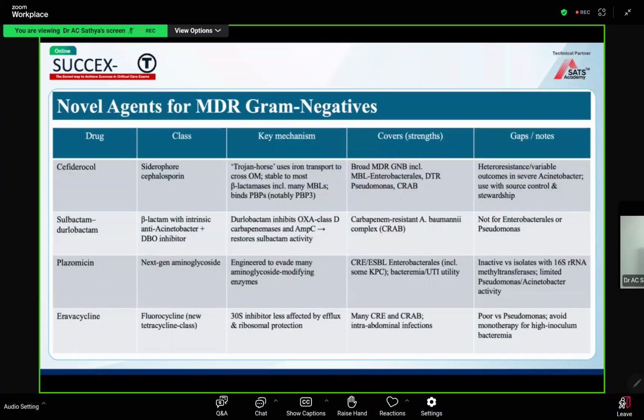Other novel agents include cefiderocol, which has a broad MDR cover, including for Enterobacterales, DTR Pseudomonas, and CRAB. And sulbactam durlobactam, which is especially useful for carbapenem resistant Acinetobacter baumannii. Plazomicin, which is a next generation aminoglycoside, is useful for Enterobacterales, again some KPC and CREs. Eravacycline, a newer fluorocycline related to tigecycline, is useful for carbapenem resistant Enterobacterales and CRAB.